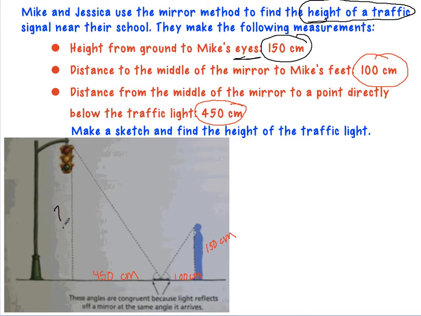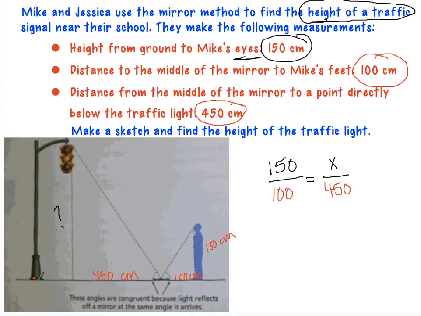So what is the height? All right, so again, we put our corresponding pieces together. So in this case, my reds were corresponding. So I have Mike, who is 150 centimeters, who also has a length of 100 centimeters between himself and the mirror, and that is set up proportional to the height of the traffic light, which we don't know, but that is 450 centimeters away from the mirror.